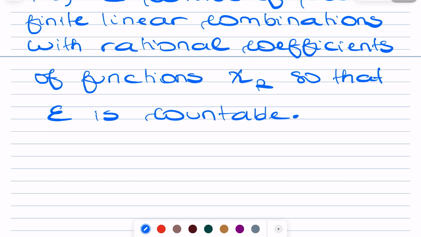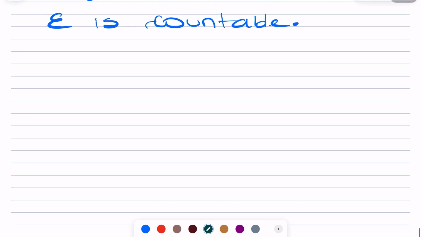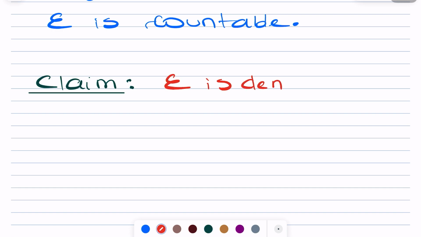Good. So now our claim is that, remember, we want to prove that L^p is separable, so we claim that E is dense in L^p of R^n.